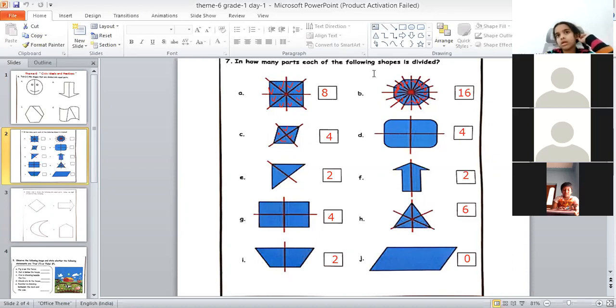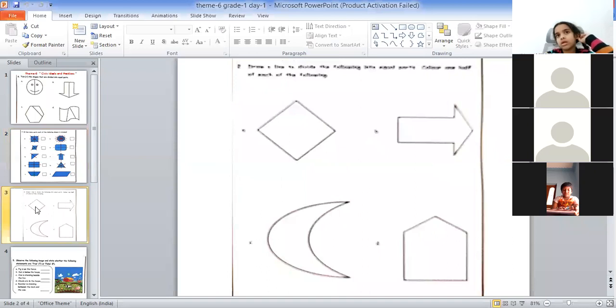Yes, children. Now please open page number 6 of your math course book. Write date and classwork. Okay.